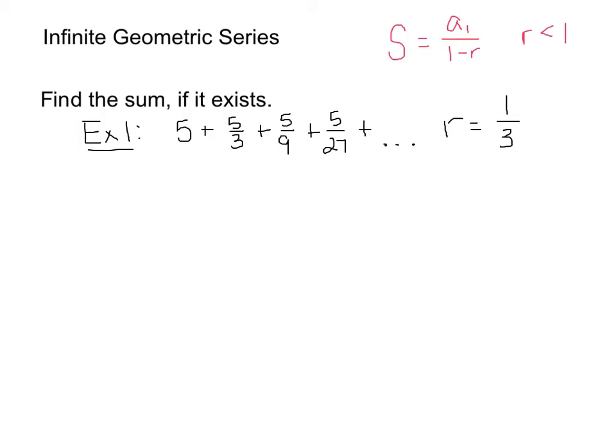This r is less than 1, so let's figure out the sum. S equals a sub 1, your first term, which is 5, over 1 minus r, which is 1/3. Using your calculator, it comes out to be 15 over 2. Just leave it as a fraction. So that is what the series sums to.